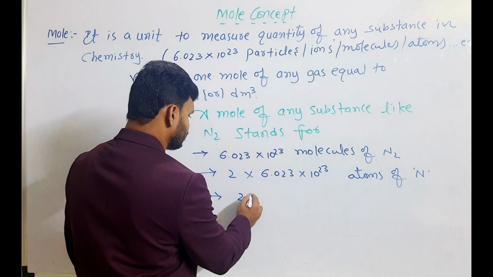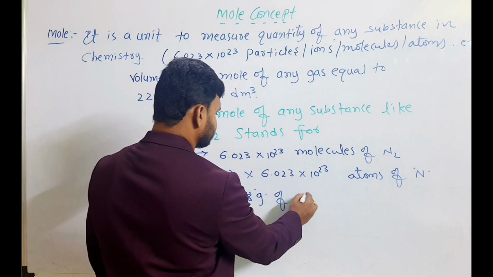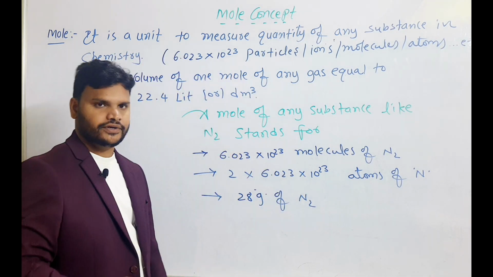Next, 28 gram of nitrogen. So nitrogen molecular mass is 28 gram.